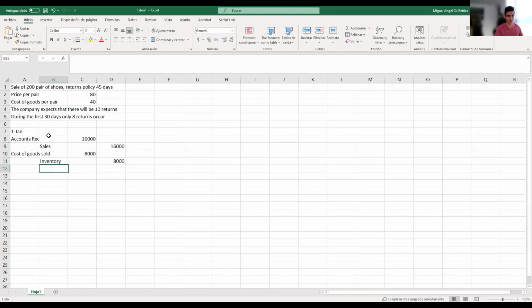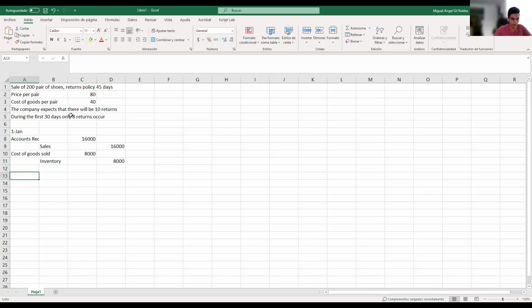But we also need to be careful because we need to understand what happens with the returns and what happens with the idea of transferring control. I think until here we shouldn't have any problem, right? It's only accounts receivable, sales, or even here it can be cash, and then cost of goods sold and inventory. But we need to think about what will happen with the returns.